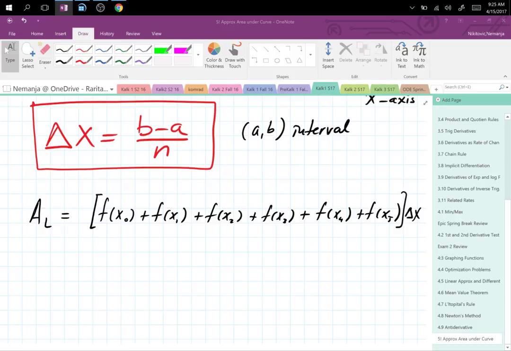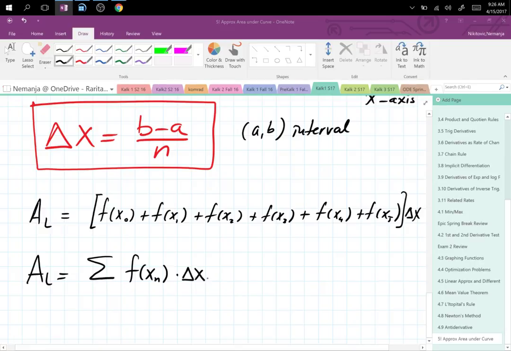Now, is there a simpler way to write this? Because you don't really want to write this every single time. And there is. I can say the area from the left will be the summation of all of these f of xn times delta x, where this n starts at 0 and ends at 5.